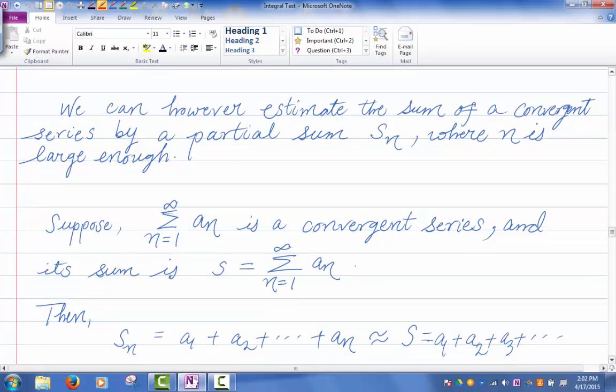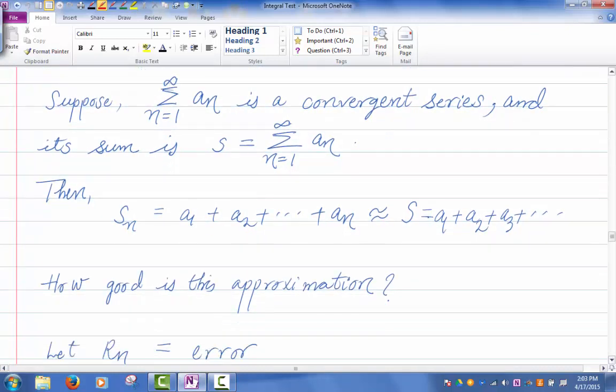So then, let's say I have a series, the sum from n going from 1 to infinity of an, and let's say this is a convergent series, and let's denote by s the sum of the series. Now, what's the meaning of s, by the way? The meaning of s is that s is the limit of the nth partial sum as n goes to infinity, right?